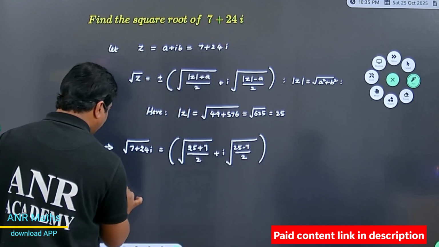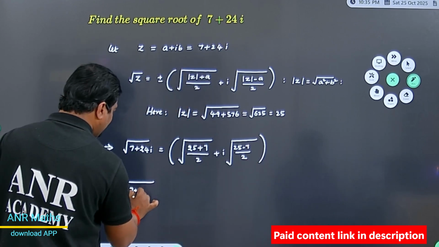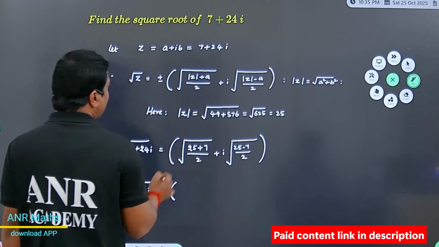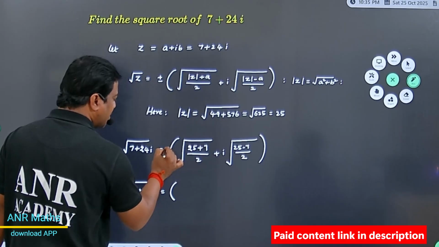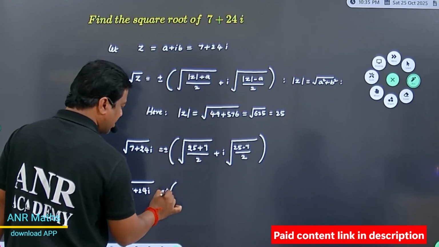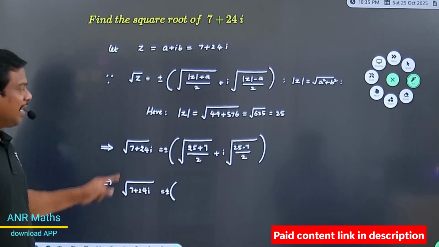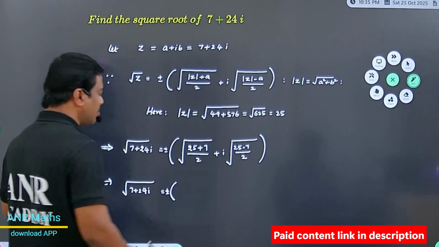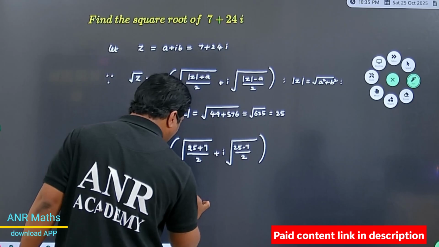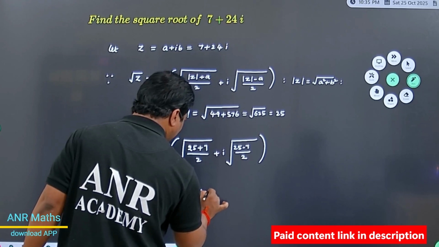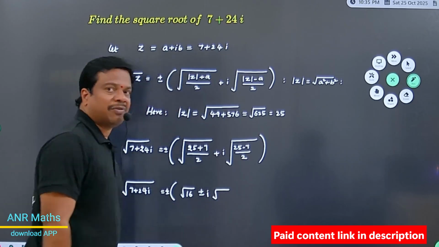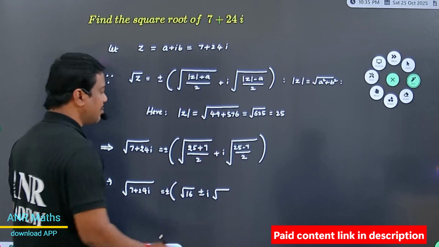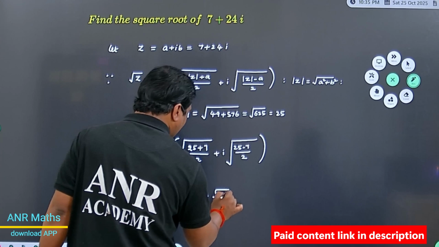Implies we get root over 7 plus 24i equal to, here in the formula you have plus or minus, so put plus or minus here, plus or minus root over 25 plus 7, value 32, divided by 2, that is root over 16, plus or minus i root over 25 from which you have to remove 7, that is 18 by 2, that is root over 9.